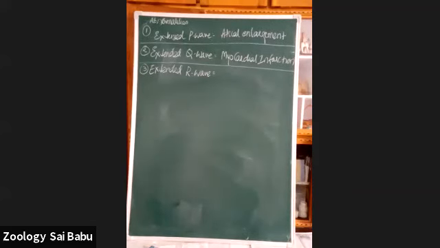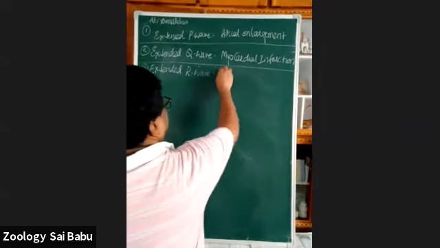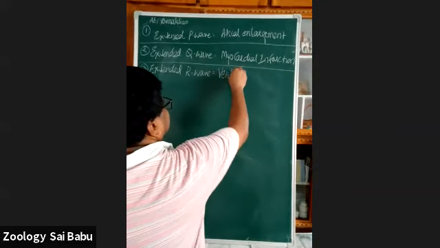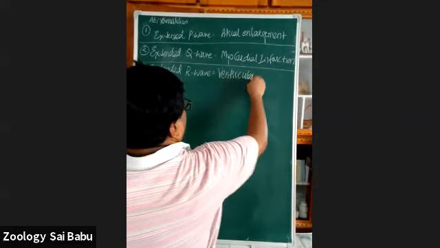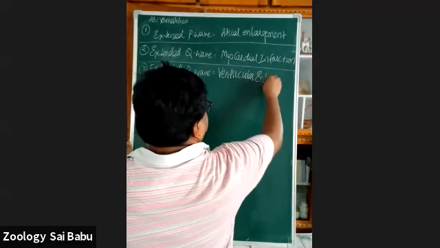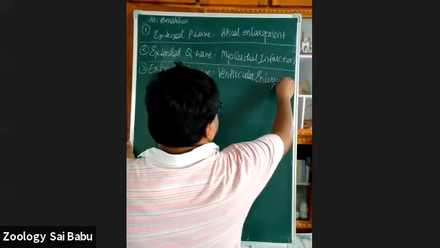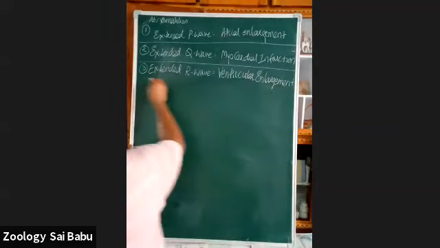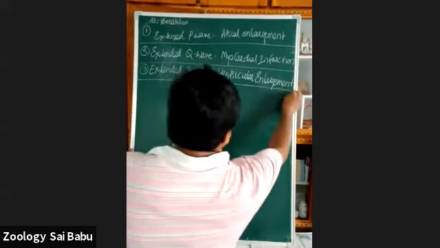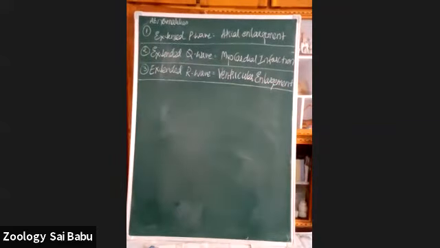An extended R wave gives us the indication of ventricular enlargement. Ventricular enlargement is represented by the extended R wave.